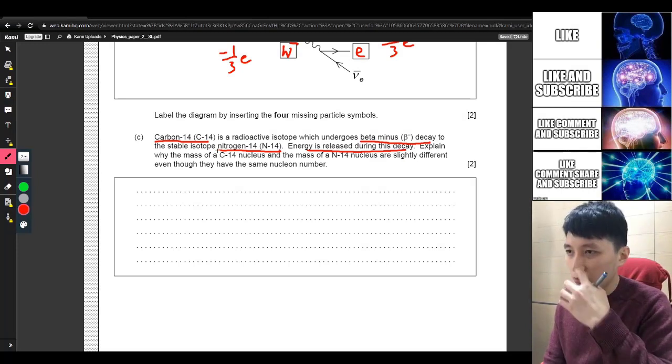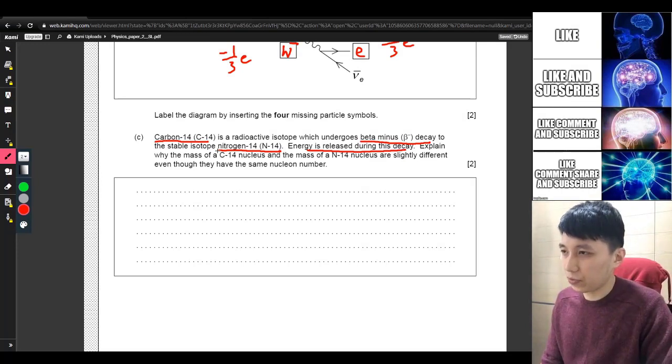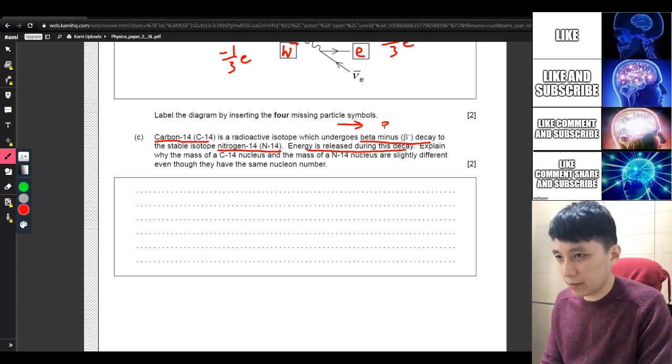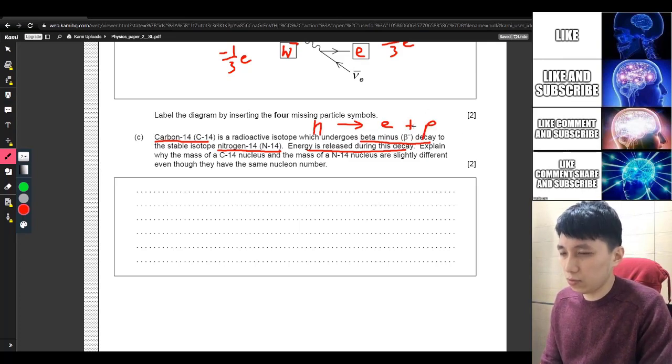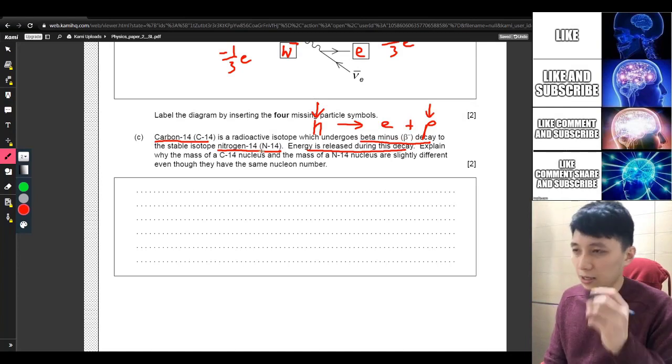If you try to work out how many of each there are, you should know that the reason you have that electron from the beta minus decay is because you actually change one neutron into a proton, and that electron got shot out from the nucleus. So that's why the nucleon number is still the same for carbon and nitrogen here.